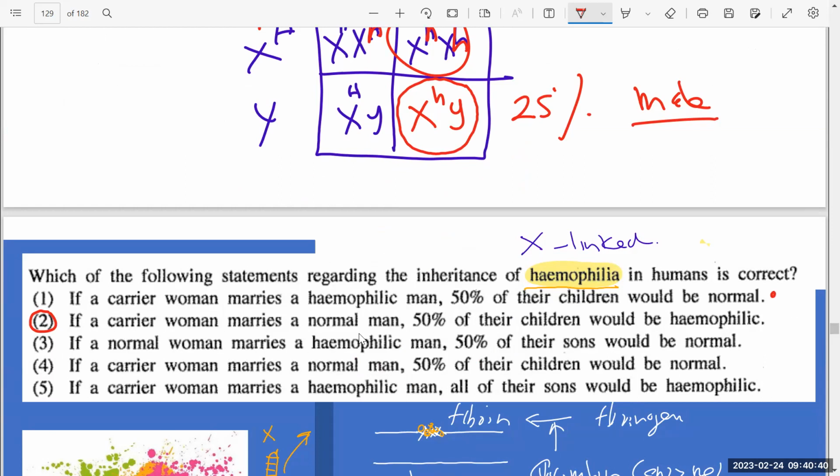If a carrier woman marries a normal man, this is not correct. This should be 25%. If a normal woman marries a hemophilic man, 50% of children would be normal.